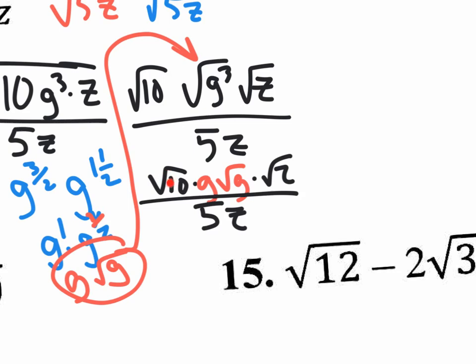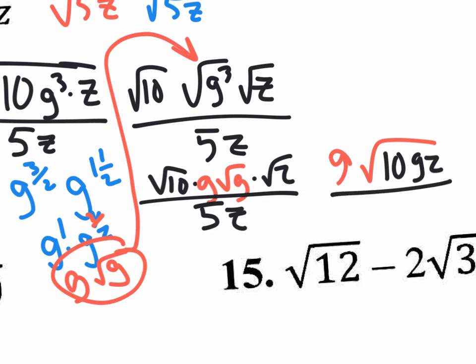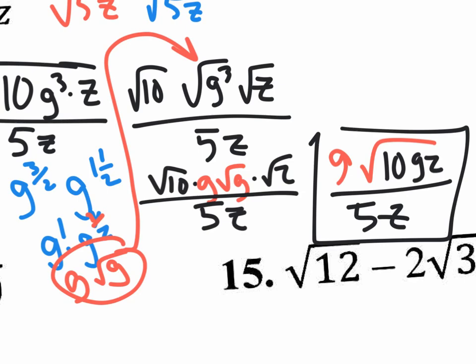When you have the radical times the radical times the radical, I'll start with the g on the outside, and then the square root of 10gz. Because 10 is in there, g is in there, z is in there. The g is on the outside, and it's over 5z. That's your final answer for that one.